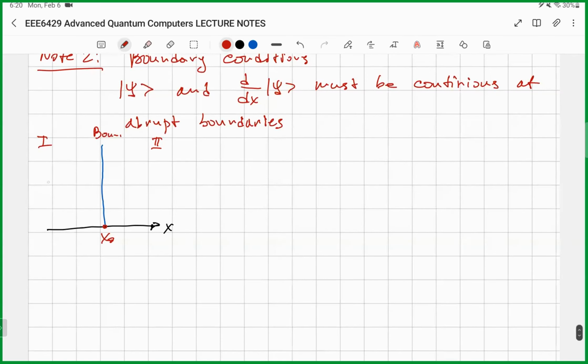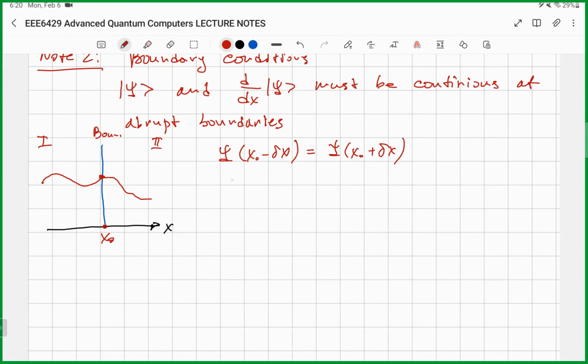So basically, for example, in the first space the solution looks like this, in the second like this, and then these boundary conditions dictate that psi of x sub 0 minus delta x must be equal to psi of x sub 0 plus delta x.